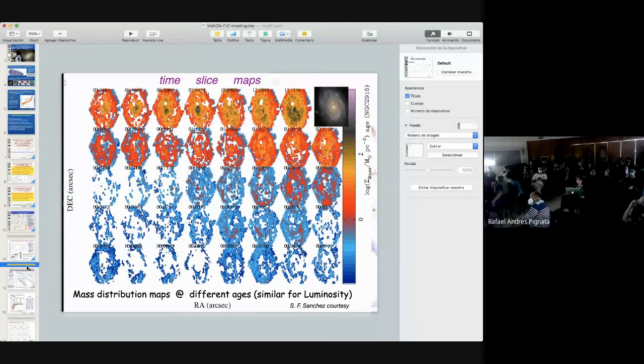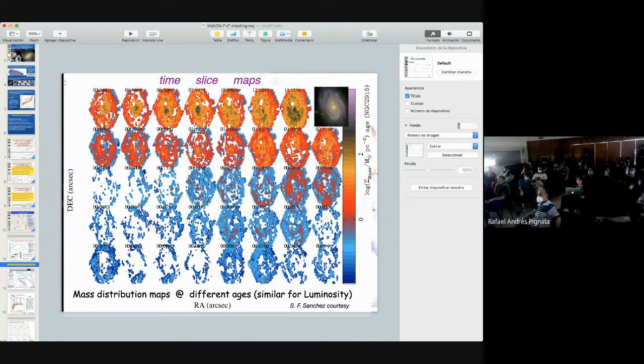Here, what I'm showing is the stellar surface density of populations of different ages. Up in the top right are the oldest populations, and as we go lower are the youngest populations.